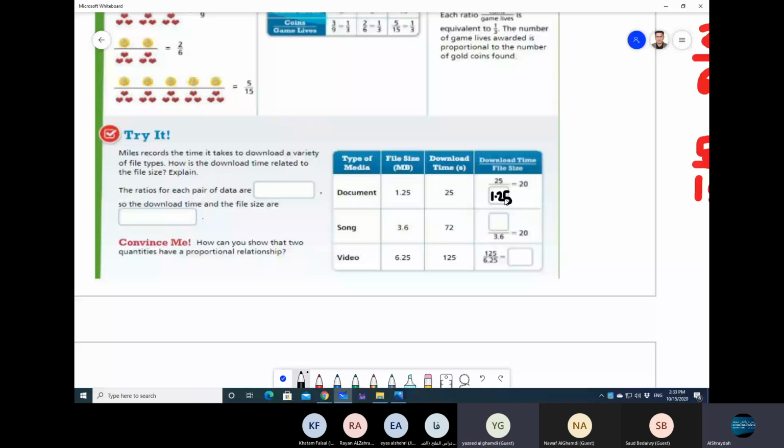And the next is 72 divided by 3.6. It will give you 20, and 125 divided by 6.25 is equal to 20.